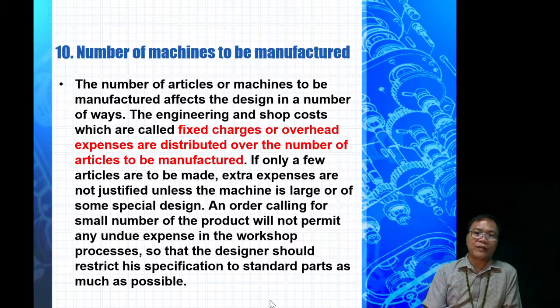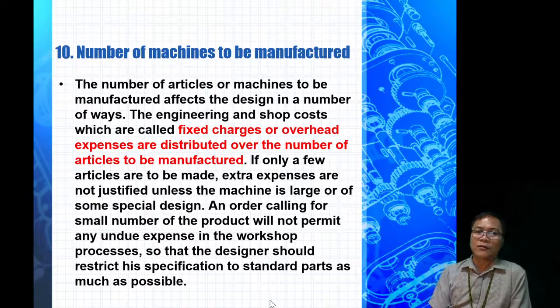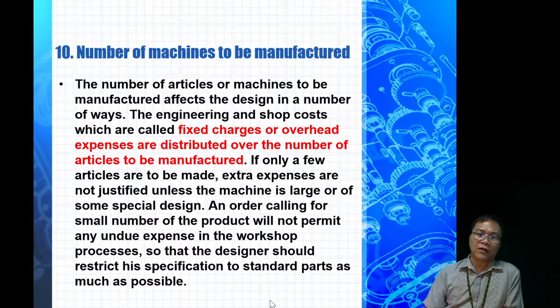So 3 million divided by 100 units adds to each machine's cost. Unlike if you expect 1,000 units of that kind of machine to be produced, then 3 million divided by 1,000 makes the cost of each individual machine lower, because of what we call fixed costs, fixed charges.